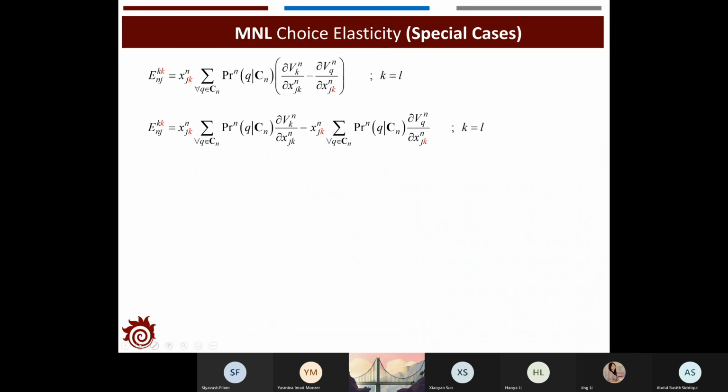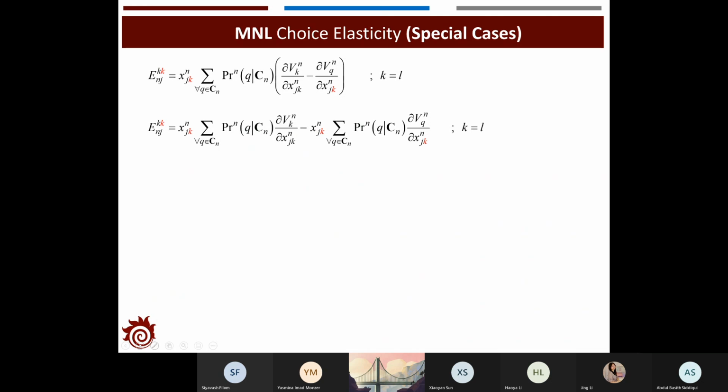I forgot to mention that. Here's another expansion about what the direct elasticity and the cross elasticity are. I'll introduce this one first before I go to the linear equation. So the direct elasticity means that k equals L.